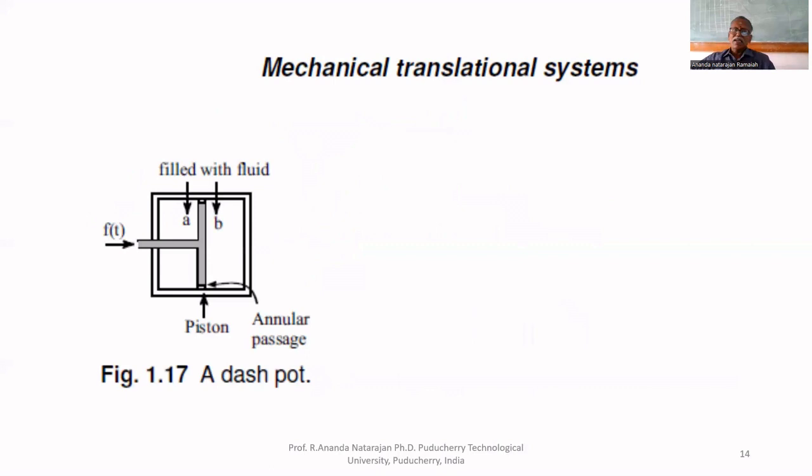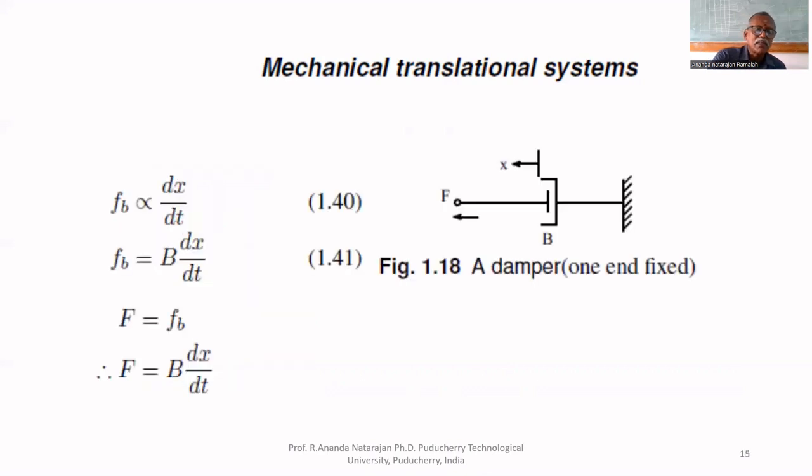The second case is the dashpot. The dashpot is a basic property of a mechanical structure, but it can be understood by this device.